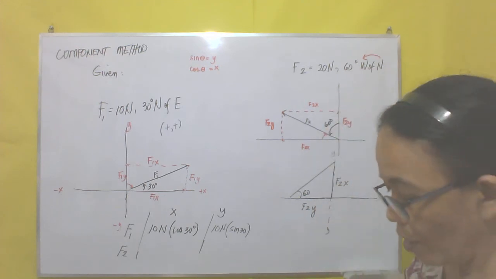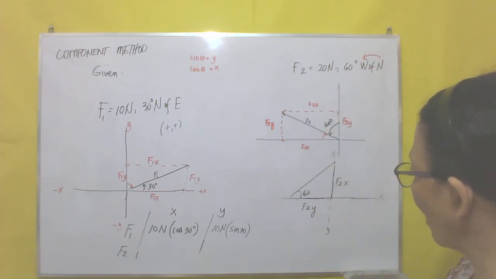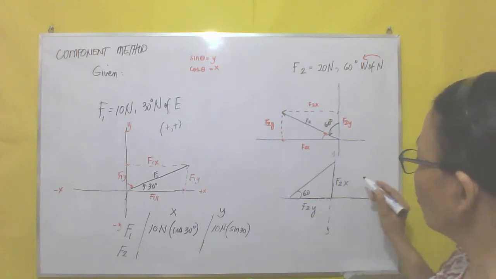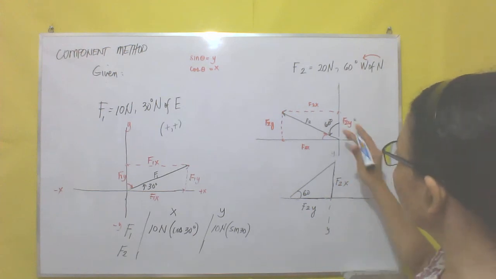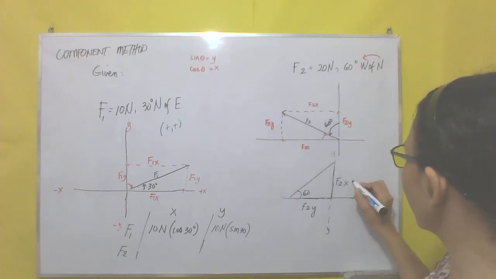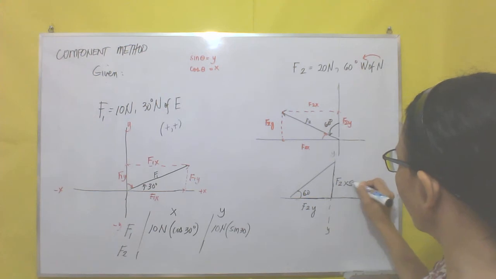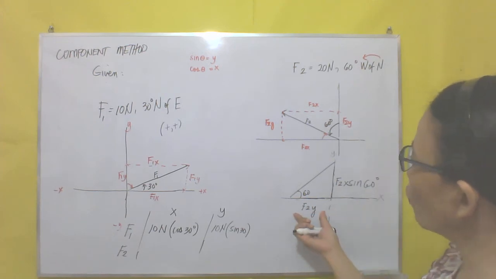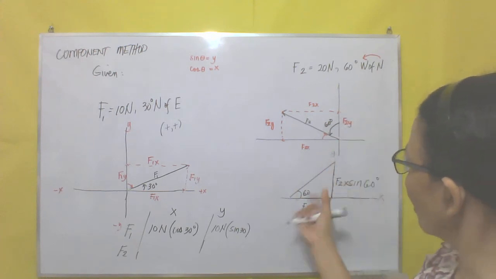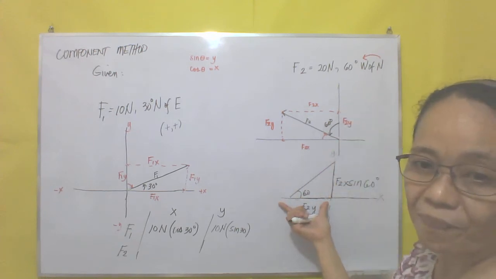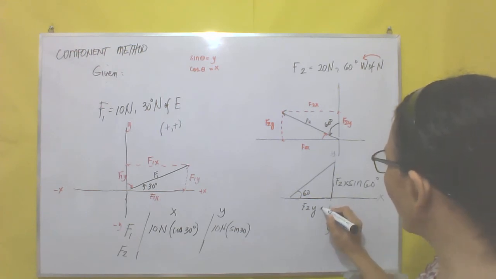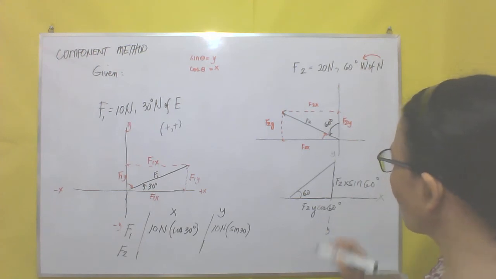So therefore, F2x multiplied by sine 60. Then F2y, this one, lies along the x-axis, so this will take cosine 60 degrees.